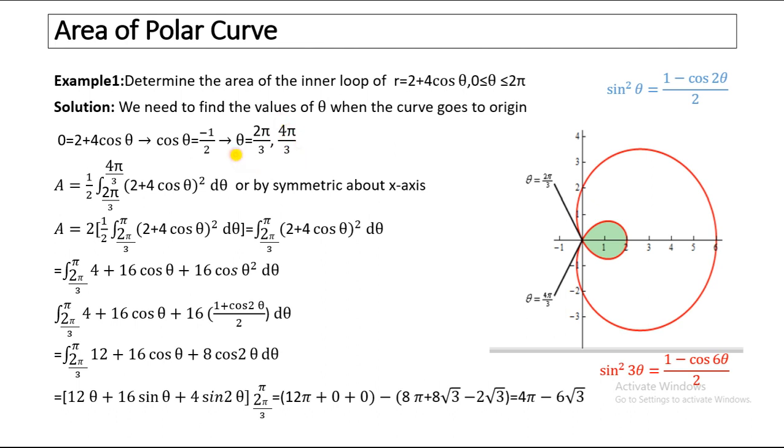So the start theta equal 2 pi over 3 and the end theta equal 4 pi over 3, because always in the first quadrant theta equal theta, in the second pi minus theta, in the third quadrant pi plus theta, in the fourth quadrant 2 pi minus theta.